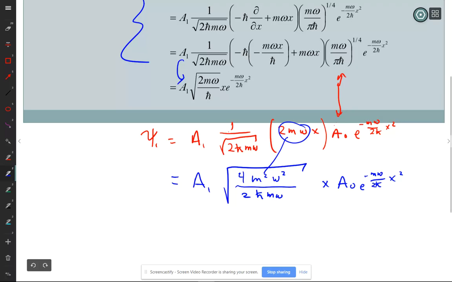And then now I can cancel. 4 over 2 is 2 on top. 1 m will cancel. 1 omega will cancel. And so that's equal to A1 square root of 2 m omega over h bar x.